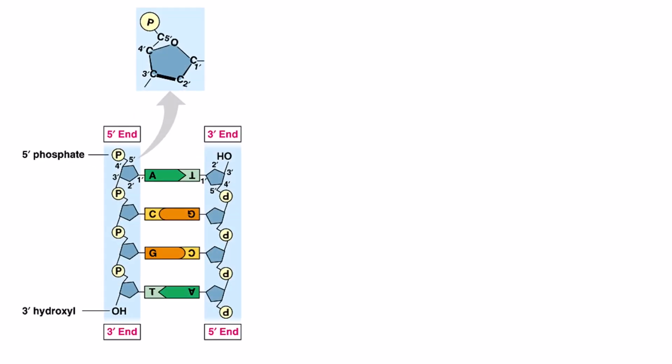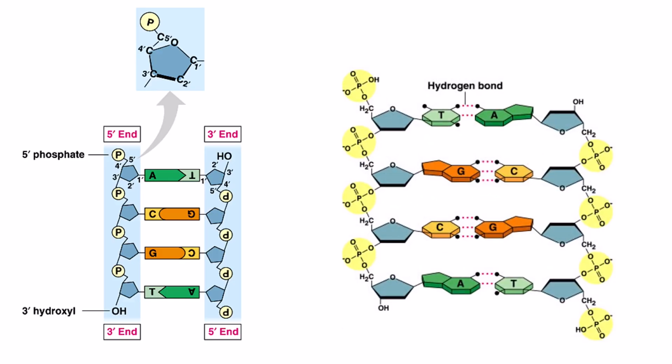Before exploring the process of DNA replication, let us first recollect some basic structural aspects of DNA. We all know that DNA is a double-stranded helix made up of two complementary chains of nucleotides. This is the 5' end of one strand.